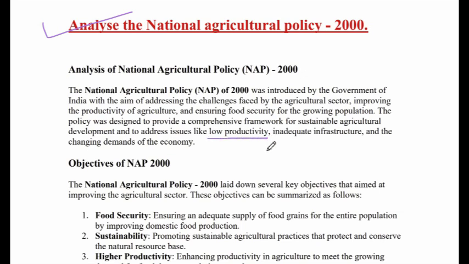Why is productivity in agriculture low? That also needs to be addressed, and for that NAP came into effect. Inadequate infrastructure. Infrastructure would include irrigation, high quality seeds, and so on, and changing demands of the economy.